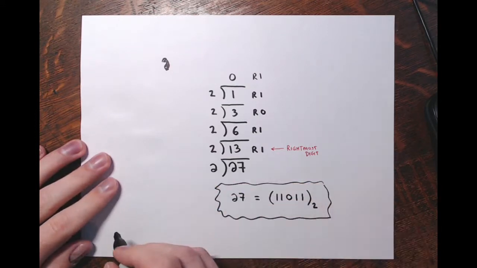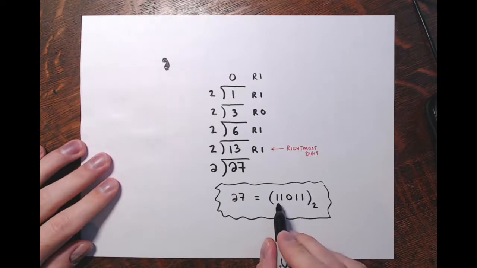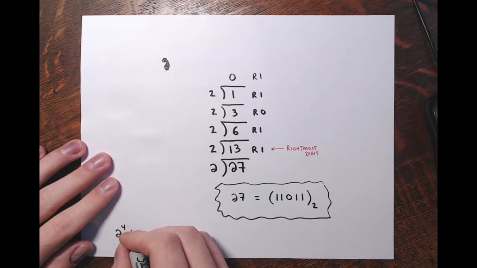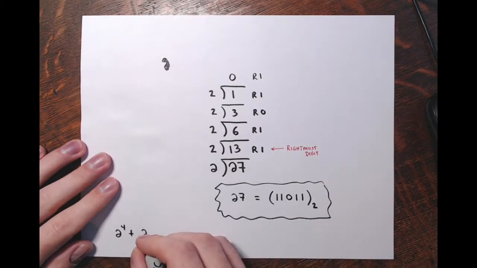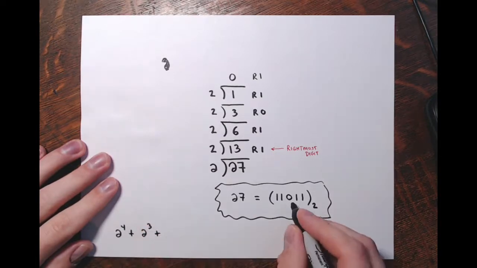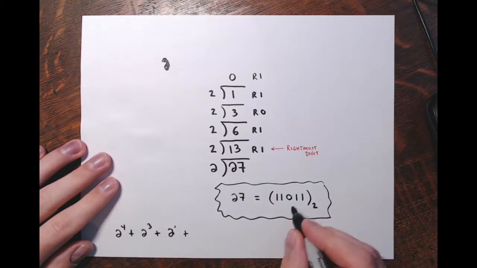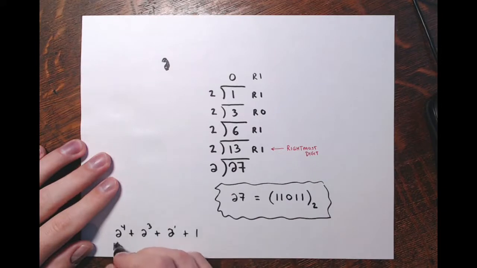And you can check this. Take 1 times 2 to the 4th plus 1 times 2 to the 3rd plus no 2 to the 2nd, plus 1 times 2 to the 1st, plus 1 times 2 to the 0. This is 16 plus 8 plus 2 plus 1, and you're going to see that that is indeed 27.